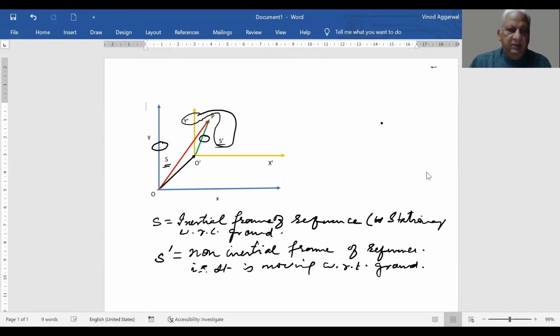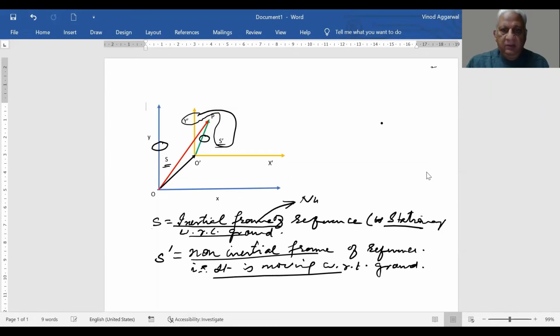For the time being, we forget whether it is moving with a uniform velocity or not. In principle, an inertial frame is one which is stationary with respect to ground, and a non-inertial frame is something which is moving with respect to ground. All the Newtonian laws are applicable in the inertial domain. Here, Newtonian rules don't apply.